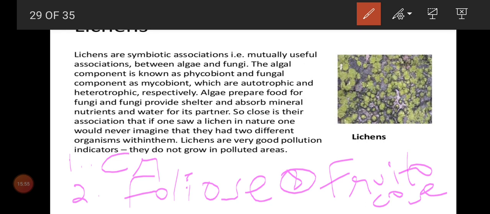Actually, lichen also undergoes reproduction, like how other organisms undergo reproduction. For example, asexual reproduction by fragmentation. And we have other types also, like isidia and soredia.